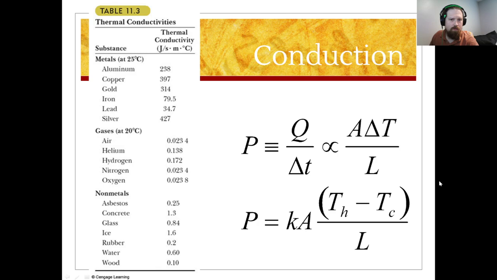But if I, instead of touching the cup with my whole palm, just touch it with one fingertip, the surface area of my one fingertip is a lot less than the surface area of my entire hand. And so even though I'm still touching the same object, and even though it's still the same temperature difference, there's still going to be less total thermal energy flowing out of my hand because there's less surface area for it to come out of.